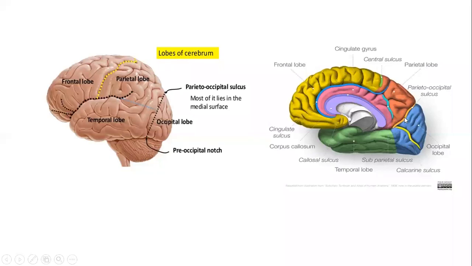So here in dark yellow, you can see the parietooccipital sulcus, which is going downward and anteriorly to meet the calcarine sulcus at right angles to each other. So in between the calcarine sulcus and the parietooccipital sulcus lies the third lobe of the cerebral hemisphere, called the occipital lobe.